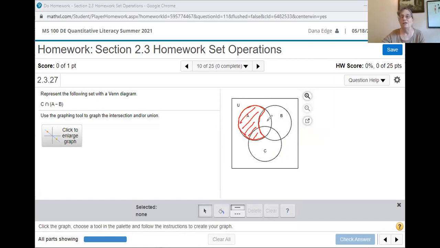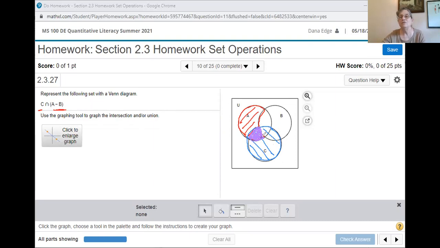This would be A minus B. Now the intersection of C with A minus B is the part of the set which is in both set circle C and the part that has A minus B. So if here's A minus B, and here is C, then the intersection of these is going to be this little part right here.